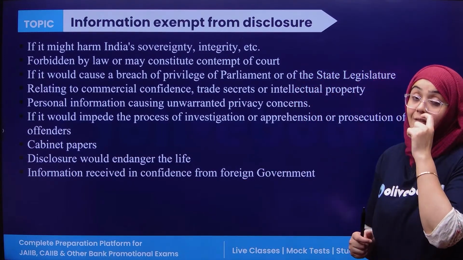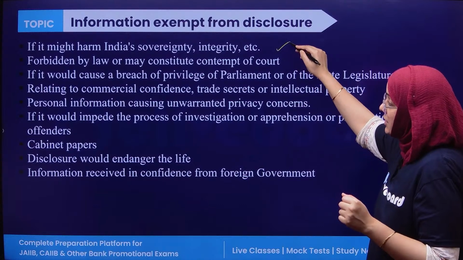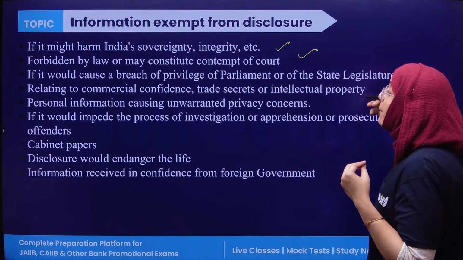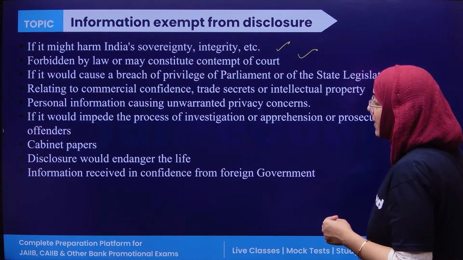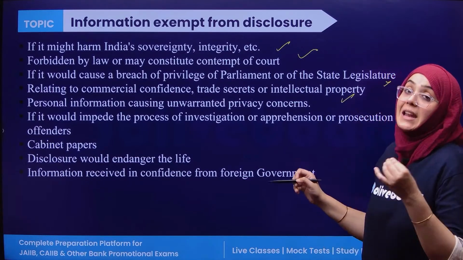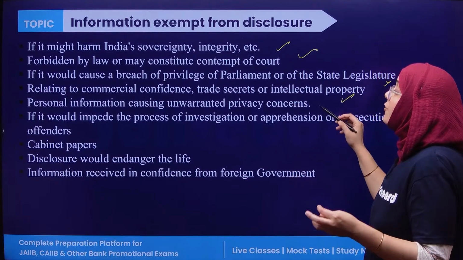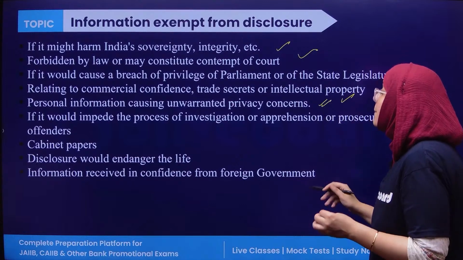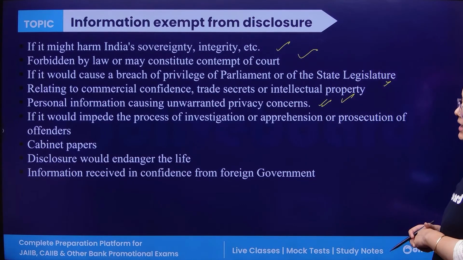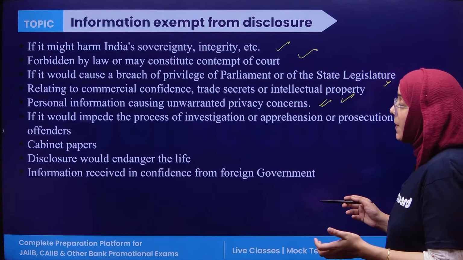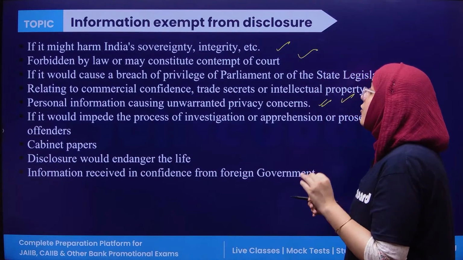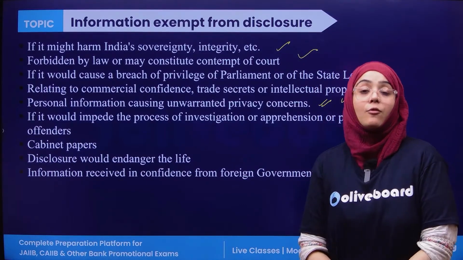First, if it might harm India's sovereignty, if it is forbidden by law, if it would cause breach of privilege of the parliament, if it is commercial confidence, trade secret or intellectual property, if the information causes unwarranted privacy concern, if it would impede the process of investigation, if there is a cabinet paper, if the disclosure would endanger any life, or the information received in confidence from a foreign government.